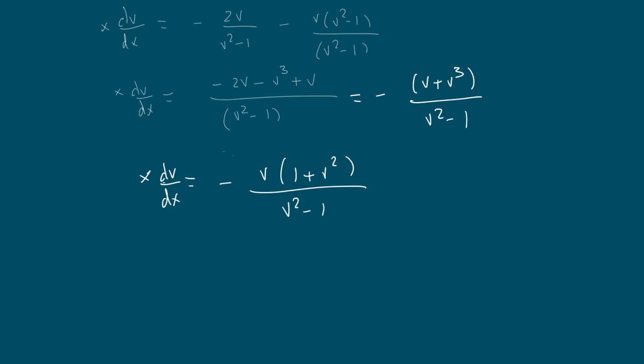Let's write everything that has v on one side, so it will be v squared minus 1 as the numerator over v times 1 plus v squared as the denominator, equal to the minus sign, 1 divided by x, dx.